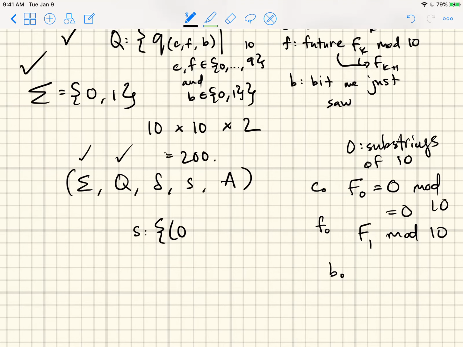Yeah, so I know that the second place is 1, and then the question is, well, what do I put in the bit spot, right? Well, we want to make sure that whatever we put here never counts towards a substring 1, 0, right? Because that would be bad. That would be counting something that isn't actually there.